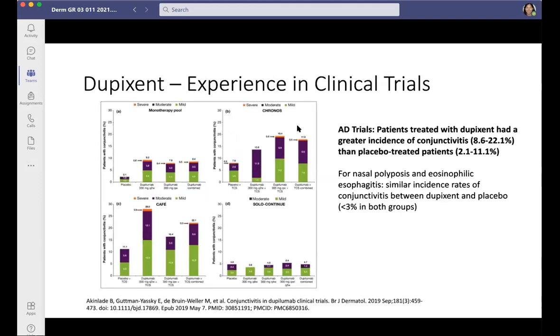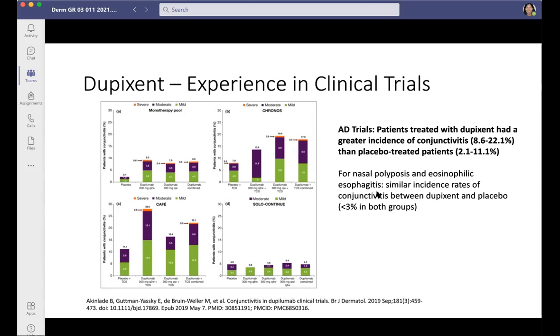This is a graphic from a meta-analysis of the clinical trial data, and basically what I had stated before: those in the treatment arms for the clinical trials for atopic dermatitis had a higher rate of conjunctivitis, like 8.6 to 22.1%, compared to those on placebo, which was about 2% to 11%.